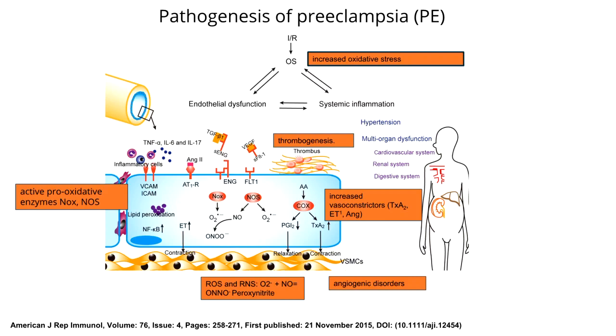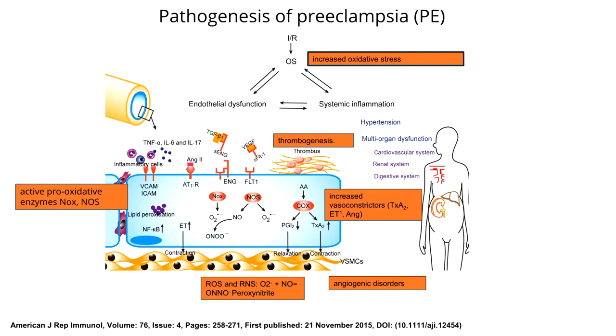The other thing that we're going to see is that arachidonic acid and COX are going to be forming thromboxane A2, which is responsible for vasoconstriction. Also, we have ET1 and angiotensin here, also responsible for vasoconstriction.